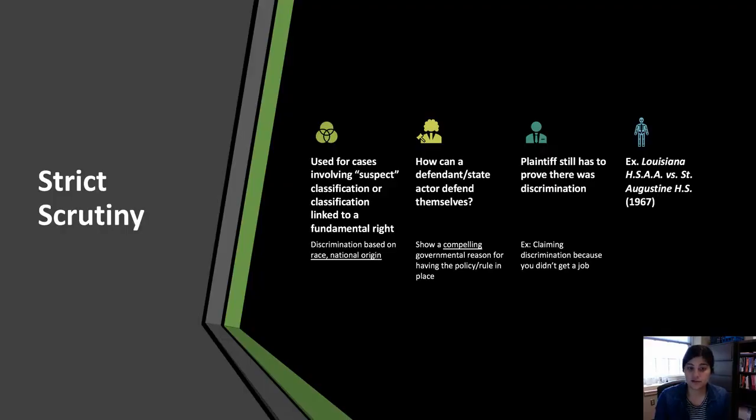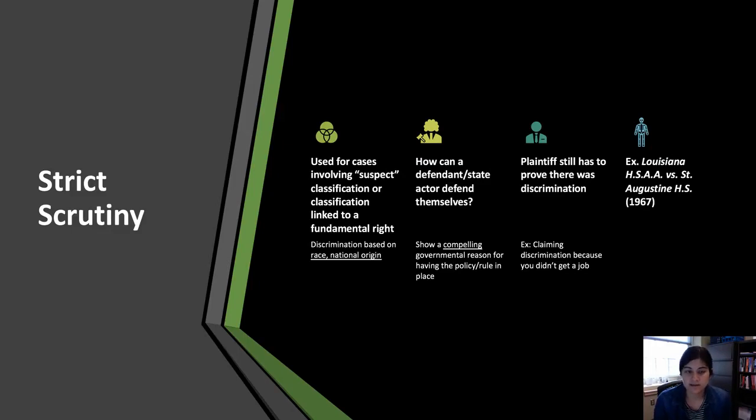Okay, let's start with strict scrutiny. So essentially we said strict scrutiny is the highest level of scrutiny that a court can apply or view a case through. Basically, cases involving strict scrutiny involve what we call a suspect classification or a classification linked to a fundamental right.